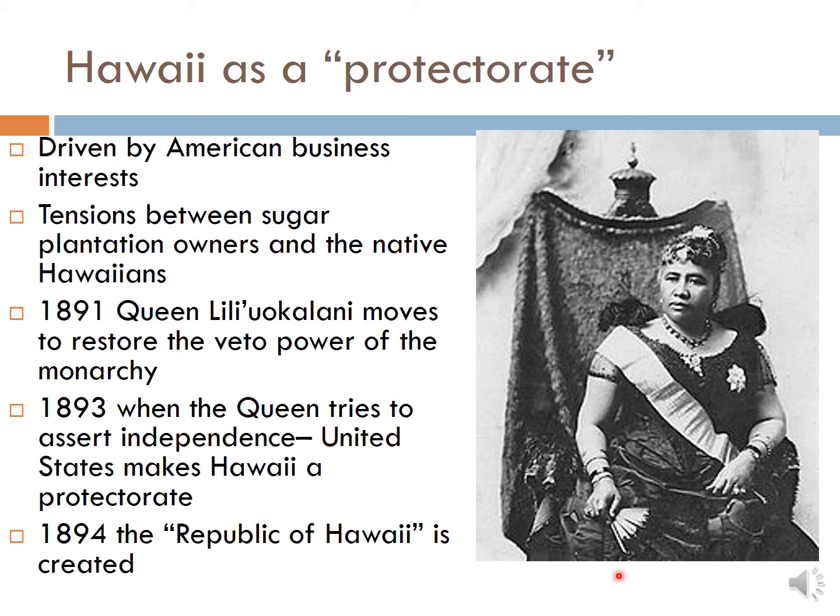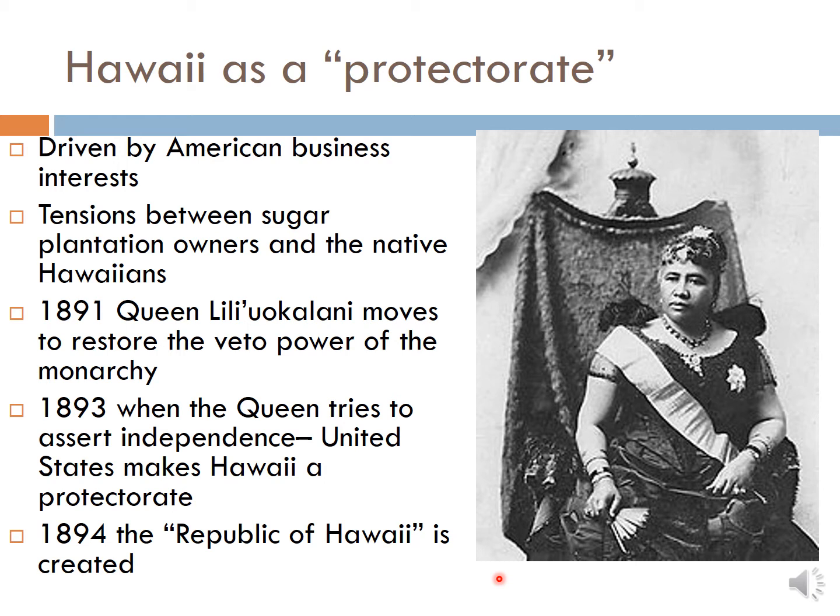And her brother, King Kalakaua, had actually given up the veto power of the monarchy to the Americans in a previous reign. And when she comes to power in 1891, she tries to restore the veto power of the monarchy, meaning she wants to restore some of the political power of this Hawaiian monarchy.